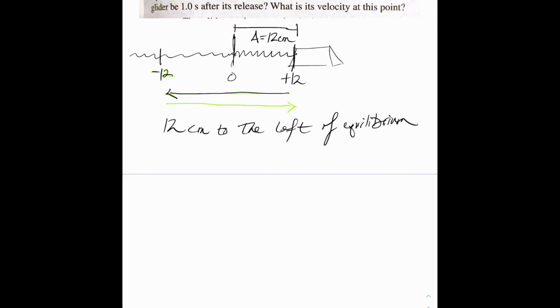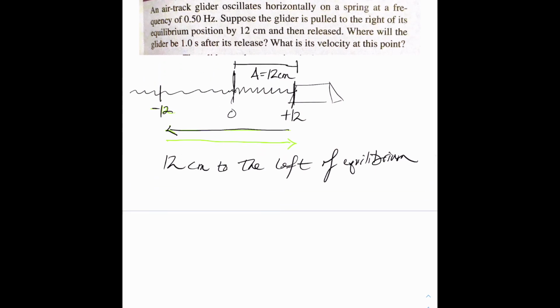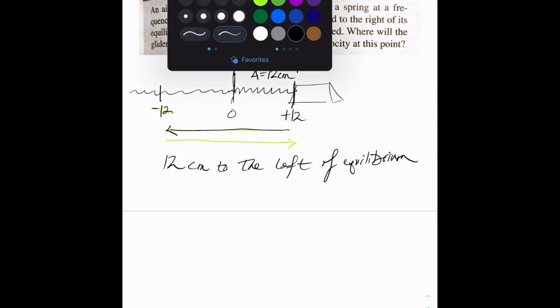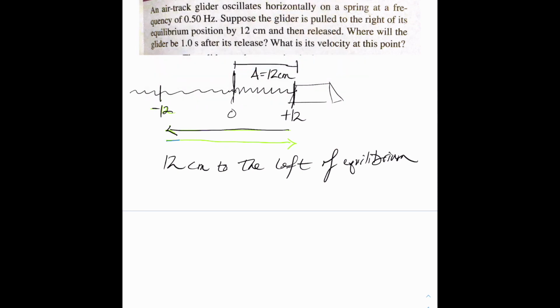And then what will its velocity be at this point? We know that when it's at a max position and amplitude, it's stopping because it's turning around, right? So right here, when it gets to negative 12, it's about to turn around for this return trip in blue, which is going to be to the right. So it needs to go from that black vector to the blue vector, from a velocity to the left to a velocity to the right, negative velocity to a positive velocity.